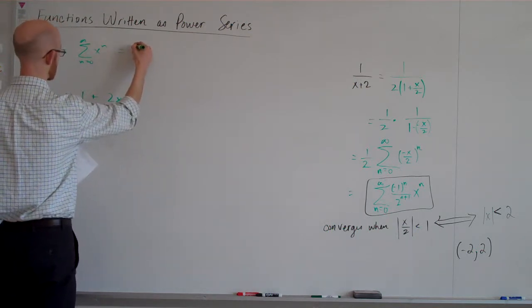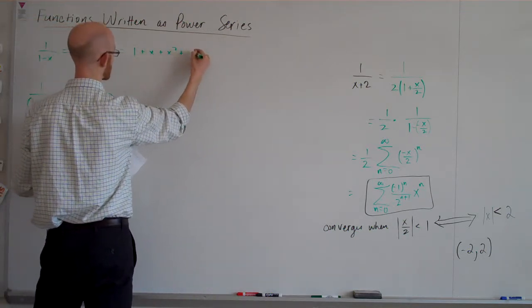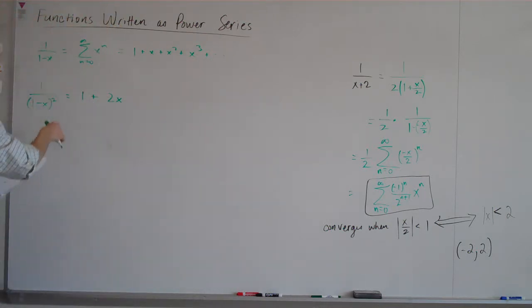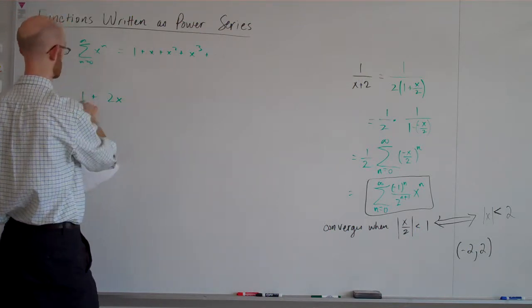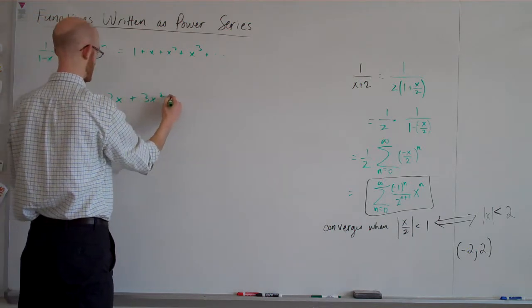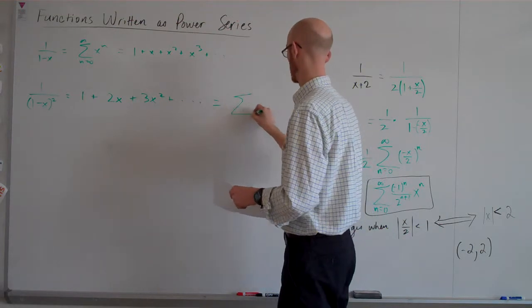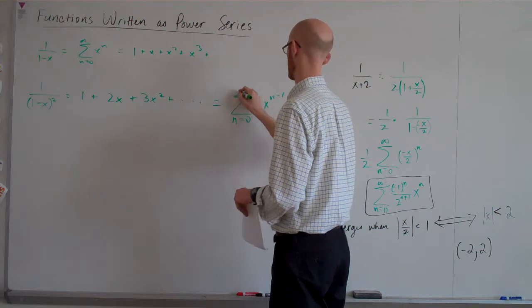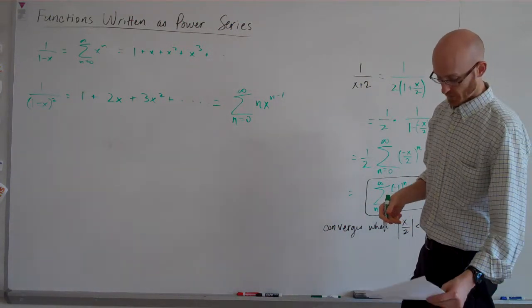Remember, this was 1 plus x plus x squared plus x cubed, etc. If this one's a derivative of that one, then we should get 1 plus the derivative of x, which is 1, 2x is the derivative of x squared, 3x squared, and on and on, which would be equal to nx to the n minus 1, where n goes from 0 to, I'm sorry.